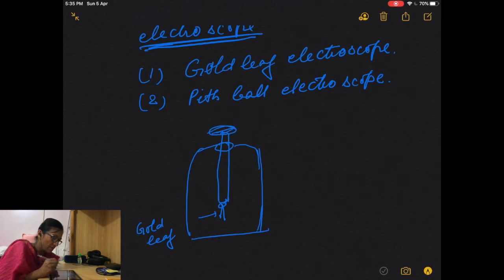a disc. Now suppose we have to test whether an object is charged or not. We test the object with this part.